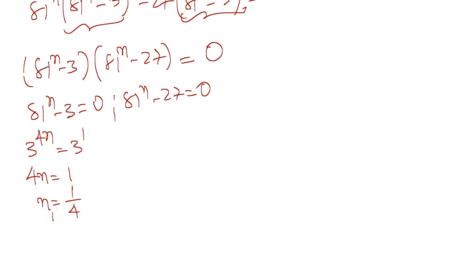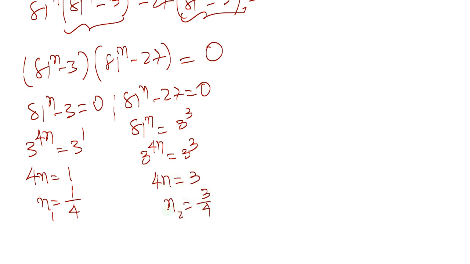This is n1. And here we have that 81^n, this one is 3 to the power of 4n, and this is 3 to the 3. So we got 4n equals 3, and then n2 is equal to 3/4. That's what we wanted, right?